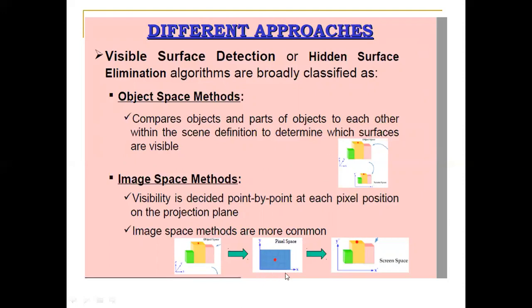Once we have the projection on the plane, we will identify which are the visible pixels and which have to be invisible pixels. So we project the scene onto a projection plane, then decide which particular pixel I have to illuminate and mark as visible, and which I have to make invisible. Image space methods are the most commonly used methods.